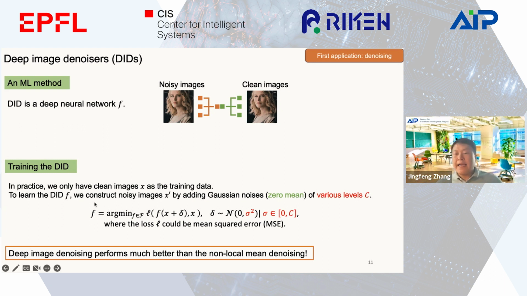However, in practice, we only have clean images as the training data. To solve this, we construct the noisy images by adding Gaussian noise with zero mean of various levels. Then we can have a deep image denoiser that can perform much better than the non-local means denoising method.